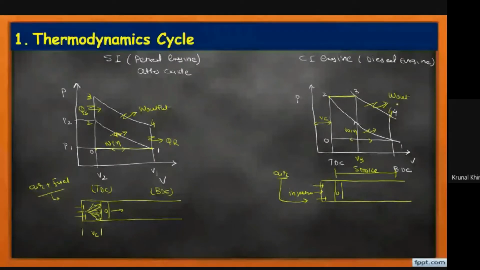And here there is a heat rejection, that is QR, and here Q is the heat supplied. And sometimes in practice for the high speed diesel engine, the working cycle used is also known as the dual cycle. So we can write that the operating cycle for the CI engine is diesel or dual cycle. In the dual cycle, partial heat is supplied at constant volume and partial heat is supplied at constant pressure, and the heat rejection takes place at constant volume.